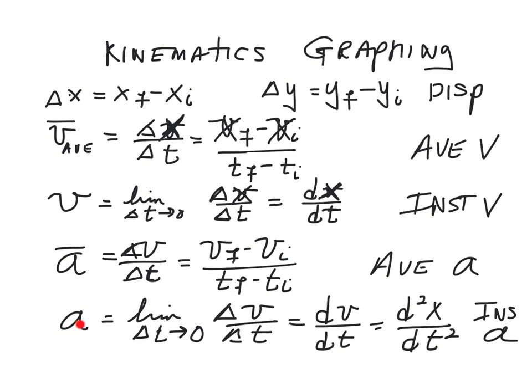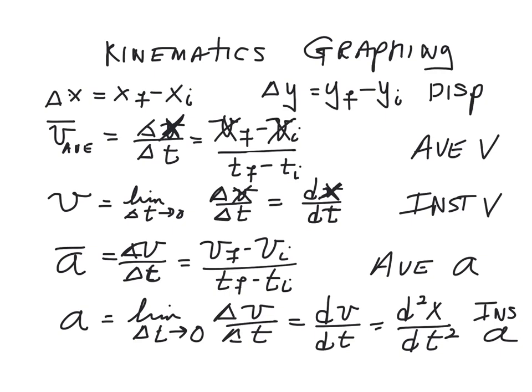The acceleration would have to be defined as the acceleration measured over a small time interval, which in calculus would be dv/dt, or if you haven't gotten there yet, since v is the derivative of x with respect to time, this is the second derivative of the position vector with respect to time. So it's important to know displacement, velocity, and acceleration, and be able to distinguish between average and instantaneous.